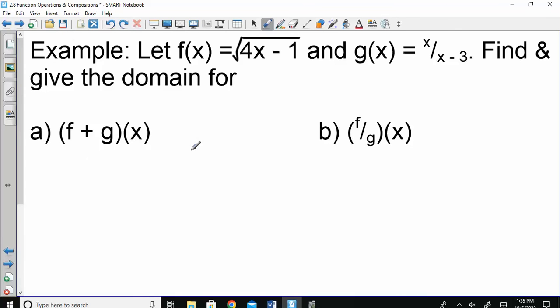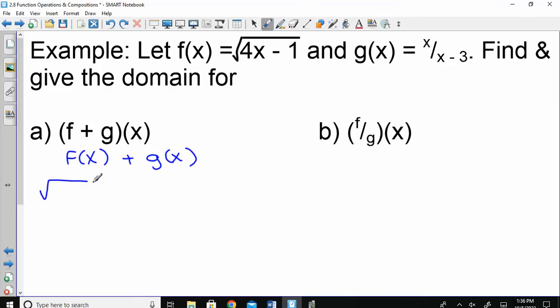So I want to find f plus g of x and its domain. So the difference is we don't have a number to plug in. So we just literally are going to do f of x plus g of x.